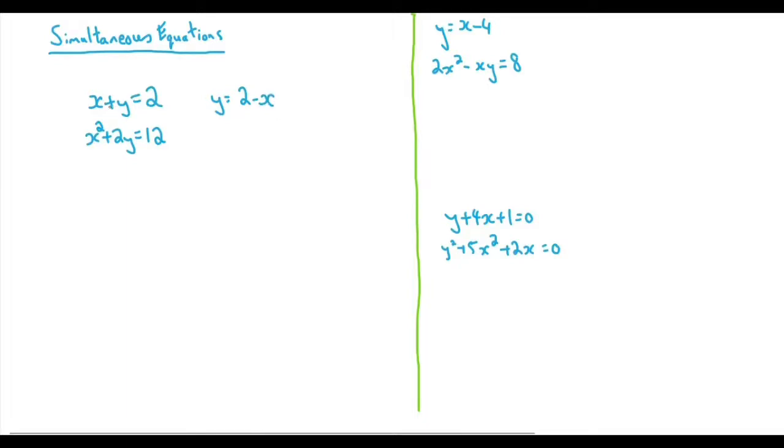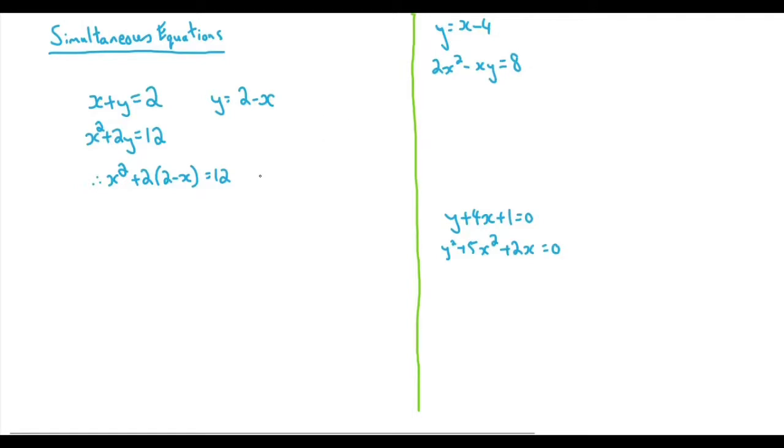So we've taken this x, we've moved it onto the other side to get the y isolated on its own. Now that we know that y is the same as this expression, we can substitute this into the second equation to therefore say that x squared plus 2 lots of 2 minus x equals 12, because instead of the y we know it has that same value.